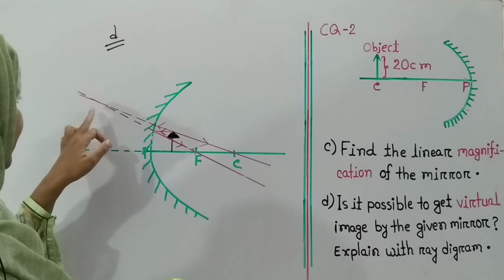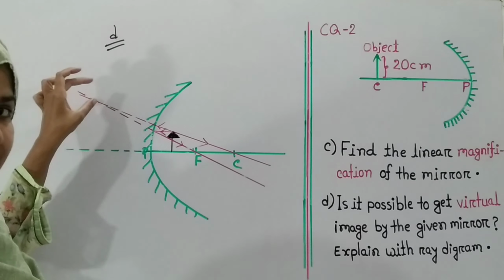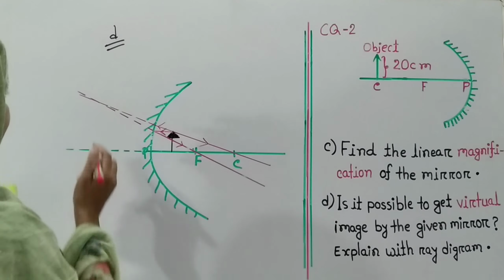Now you can see that two extended rays are meeting at this point. That means an image is formed.